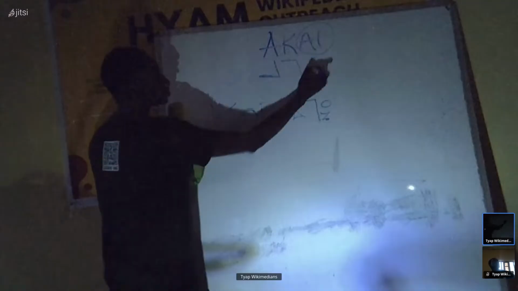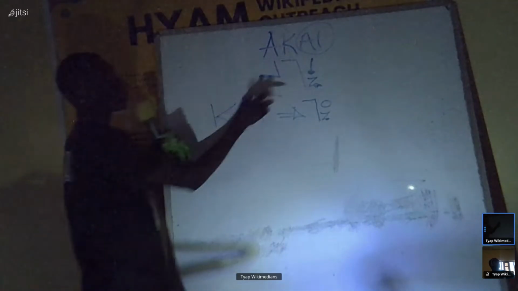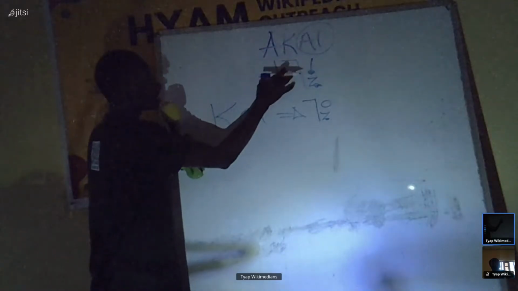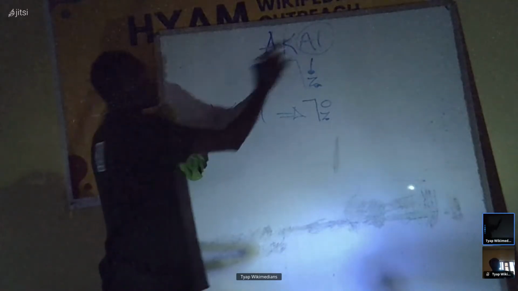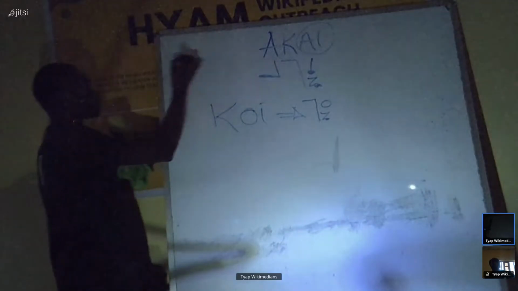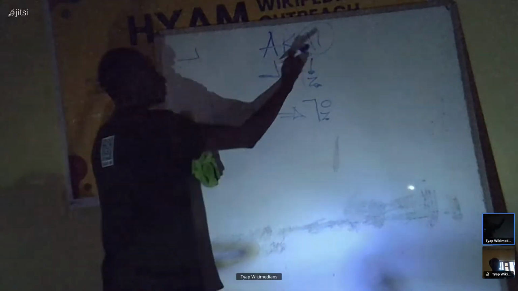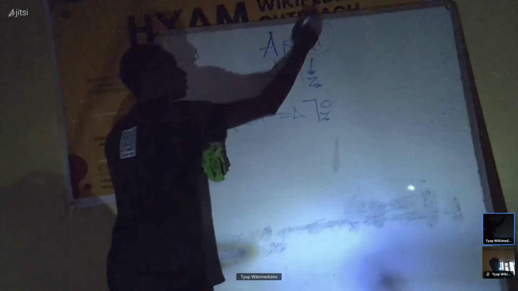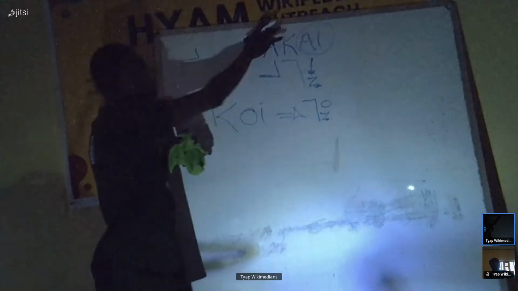So you can see that this one is R, this one is R, but they look different. Whenever you have this R starting the word, you write it like this. But if it is after the very first position, in the middle or at the end, you change it to this one.